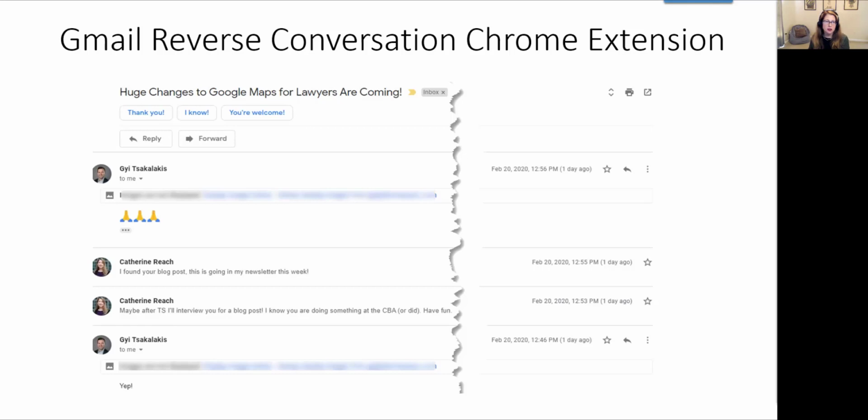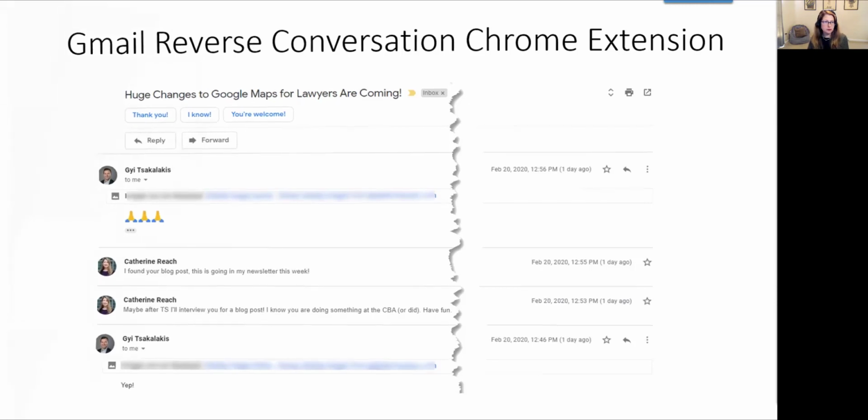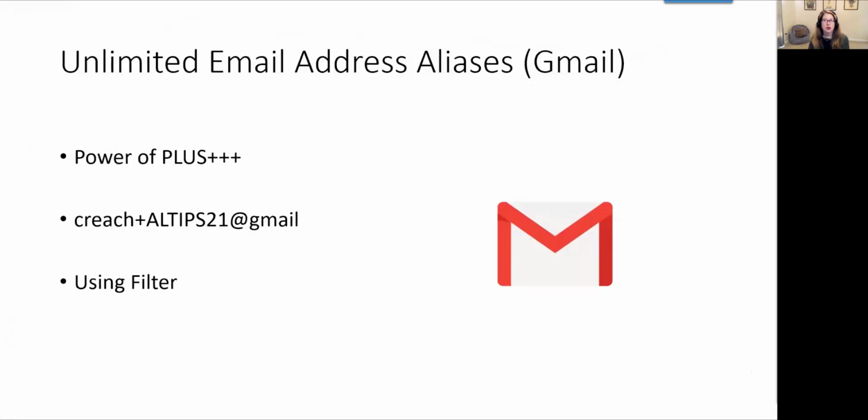It puts the oldest at the top and the newest at the bottom, which makes no sense to me at all, especially if you are an Outlook user. And so I have a plugin for Chrome and Edge that is called the Gmail Reverse Conversation extension. Basically it reorders so that the newest one is on top and the oldest one is at the bottom, which is how it should be.